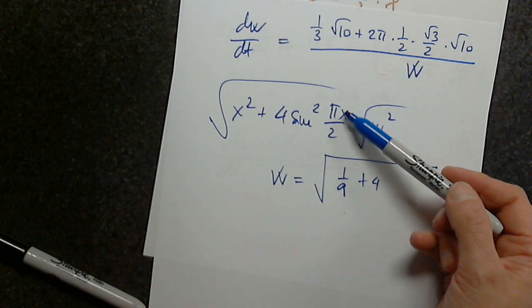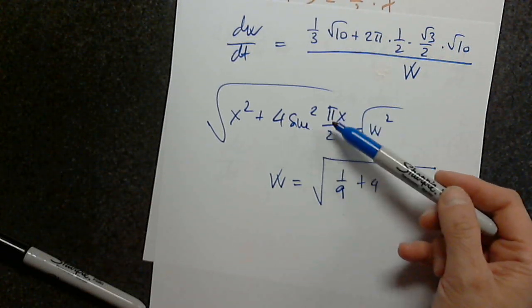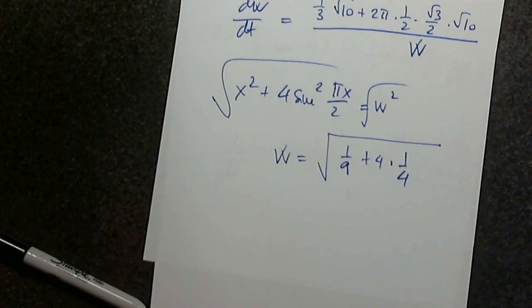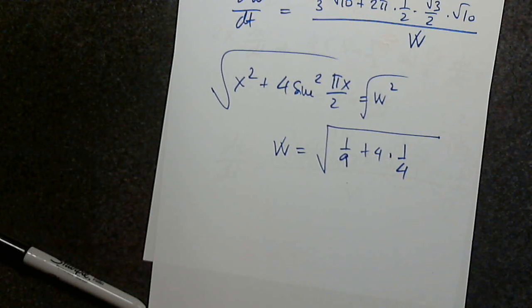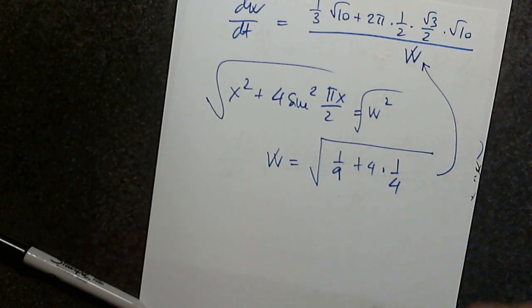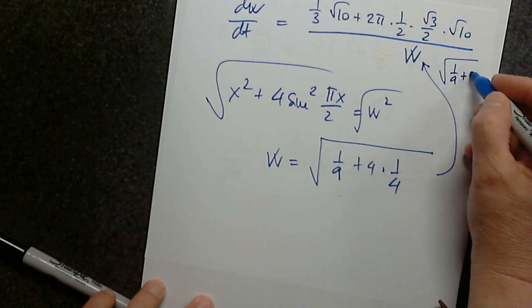Sine of 1/3 times pi over 2 is pi over 6. Sine pi over 6 is 1/2. 1/2 squared is 1/4. And that will replace the w in the denominator. By what? The square root of 1/9 plus 1.